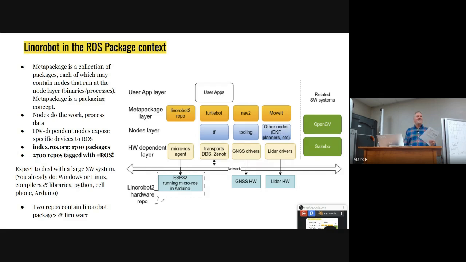There was no servo software in the Linorobot package, so I just found ESP32 servo on the Arduino, compiled it in, and hooked it up with a little programming to a topic, and now it accepts servo position commands from ROS. So that's just to say Arduino means a lot when you say it's Arduino compatible in the ROS environment.